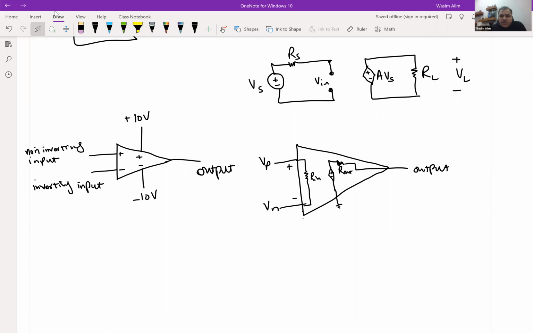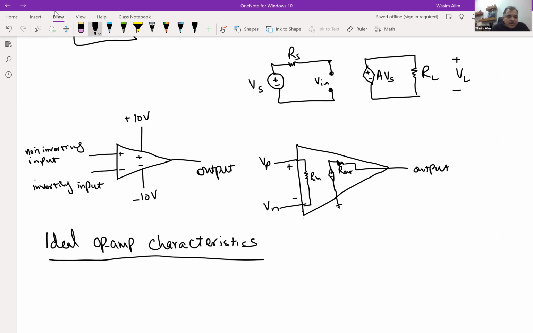the desired quantities. Okay, so here is the summary of ideal op-amp characteristics that I'll just write here. Okay, as we said, we want the input resistance to be very large.